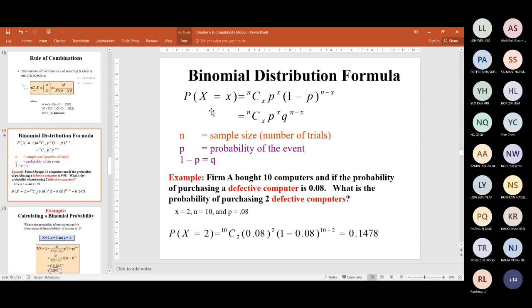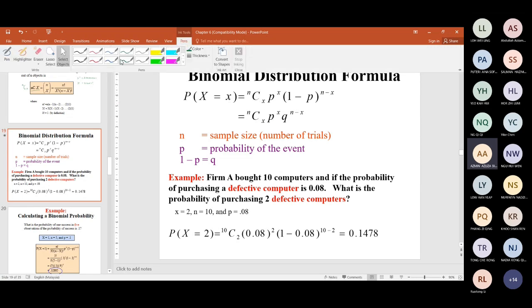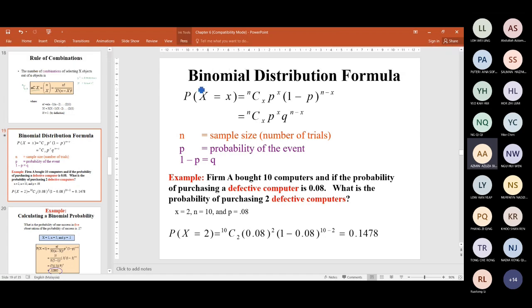Here is the formula to find the probability for the binomial. We will have an example, but first the formula.